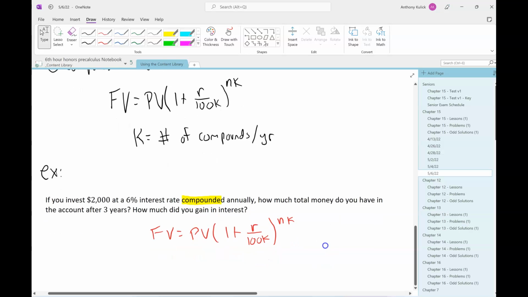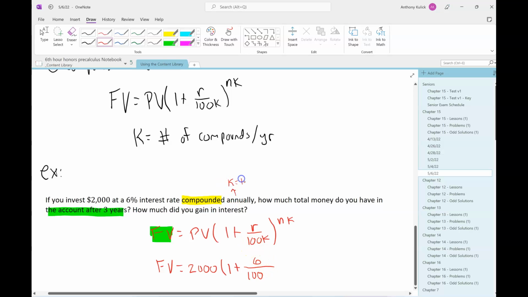And then what part of this formula am I solving for? Yep, still FV. And what's PV then? 2,000. Yep. R is 6. What's K? 1.